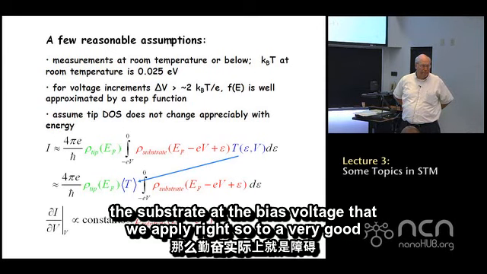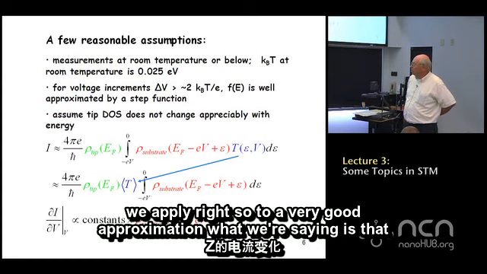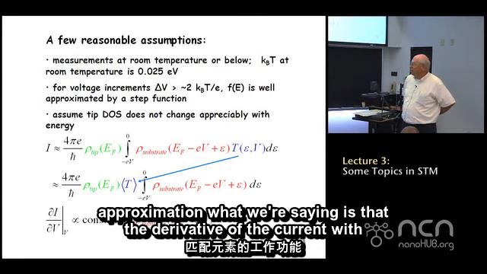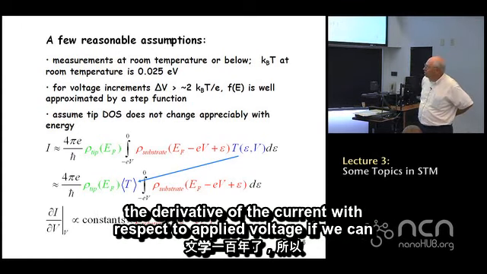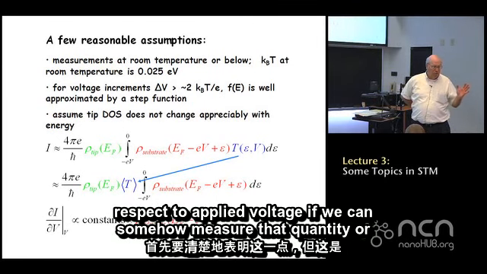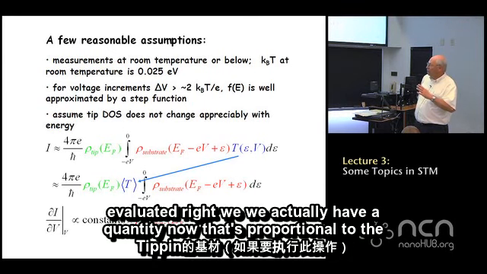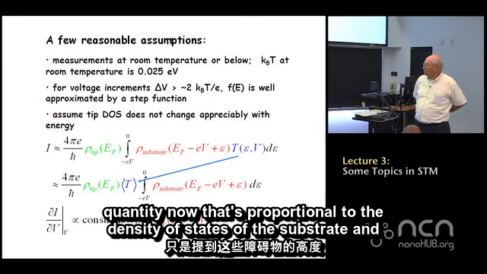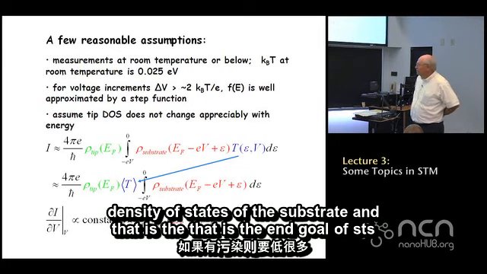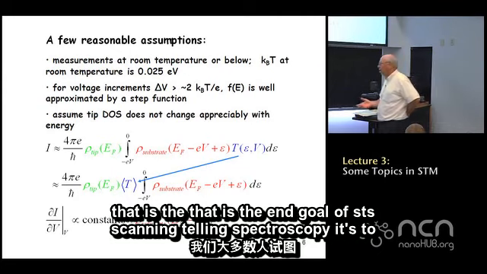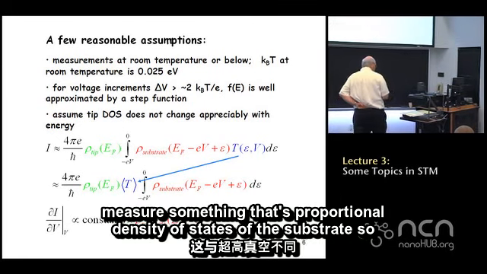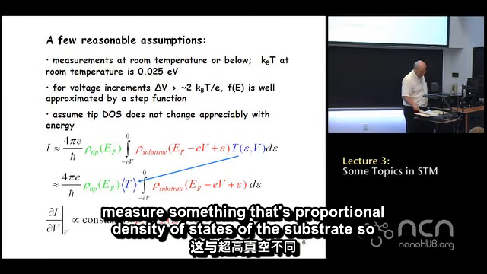So to a very good approximation, what we're saying is that the derivative of the current with respect to applied voltage, if we can somehow measure that quantity or evaluate it, we actually have a quantity now that's proportional to the density of states of the substrate. And that is the end goal of STS, scanning tunneling spectroscopy. It's to measure something that's proportional to the density of states of the substrate. Right.